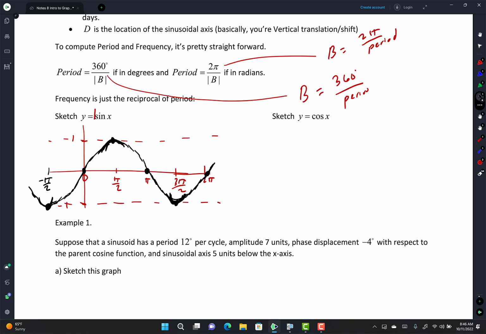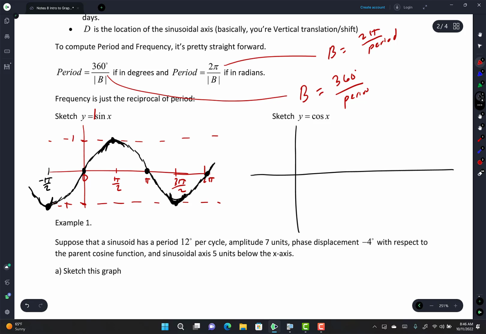So I'm going to sketch again. And we're going to do the same thing, guys. 1, -1, negative pi over 2, pi over 2, pi, 3 pi over 2, 2 pi.